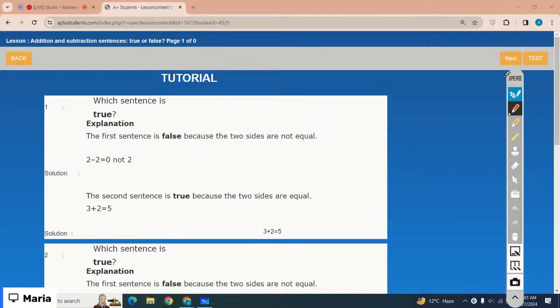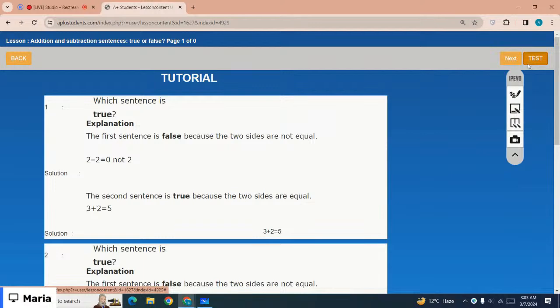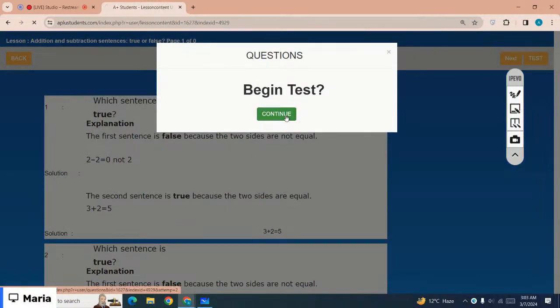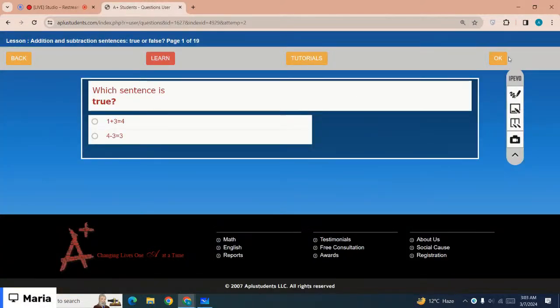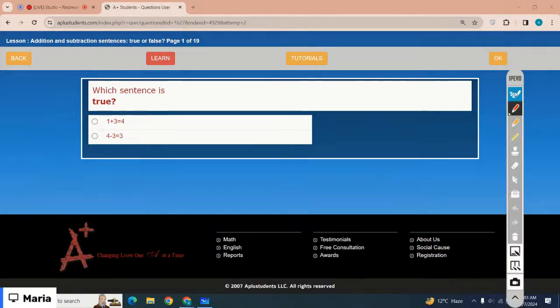Here you are not given the options, so it's difficult to explain. Let's start. Which sentence is true? You are given two sentences. You need to see which one is true, right? Either you add or subtract, both sides must be equal, right? For example, here you have 1 plus 3 equals 4.